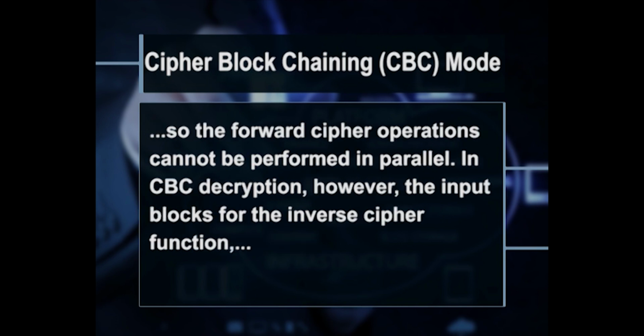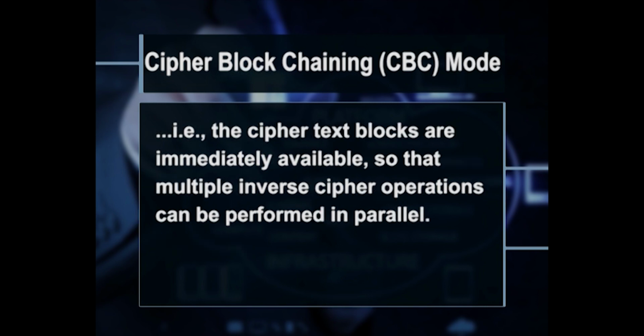So, the forward cipher operations cannot be performed in parallel. In CBC decryption, however, the input blocks for the inverse cipher function, that is the ciphertext blocks, are immediately available so that multiple inverse cipher operations can be performed in parallel.